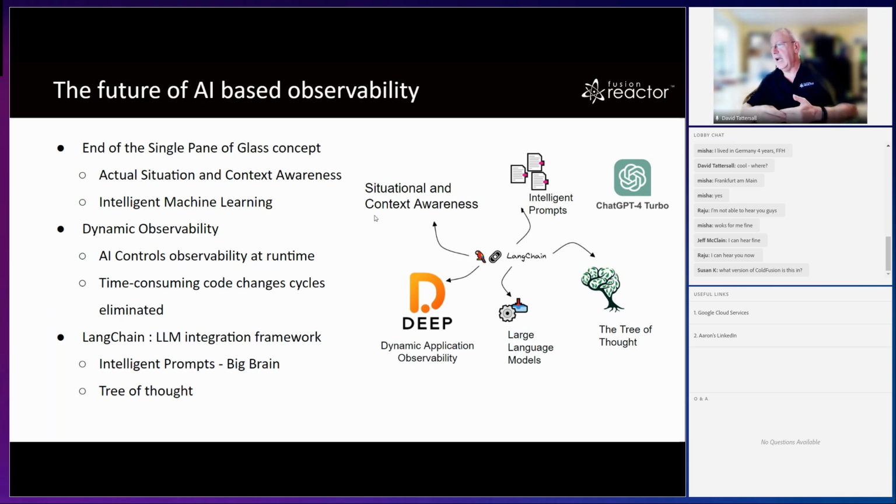latest model. We've also got another technology called Deep, which is dynamic application observability that enables us to instrument inside your application at runtime. So look at variables, see how variables change, and we're going to be able to feed that data into the AI so that it can use it to provide better analysis.